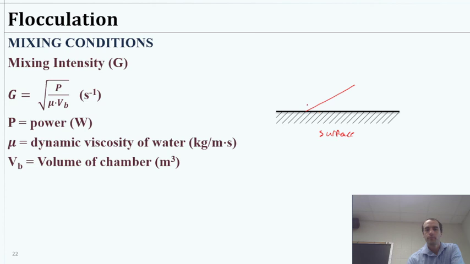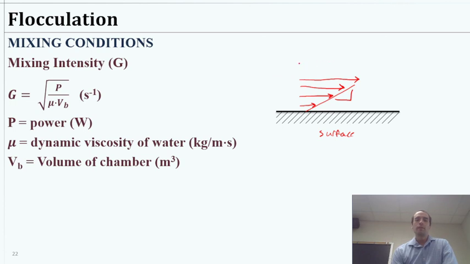Let's say we have little velocity terms going this way, starting from that same spot, until we reach the velocity in solution generally. That gradient here, we'll call our mixing intensity.